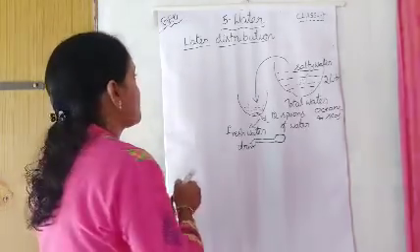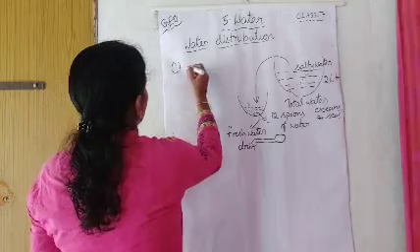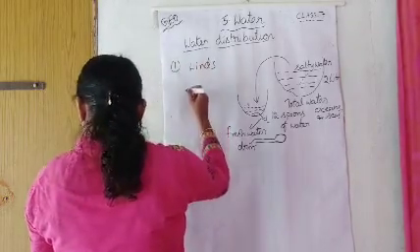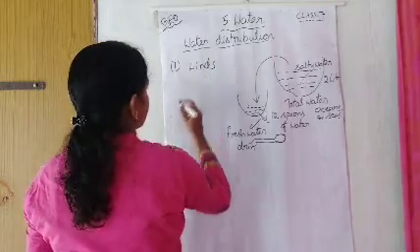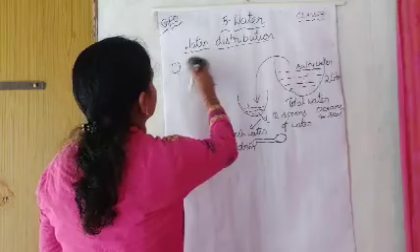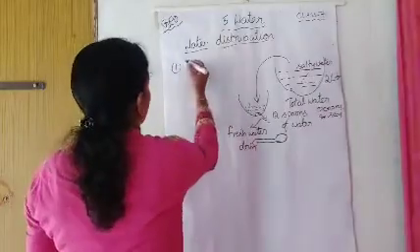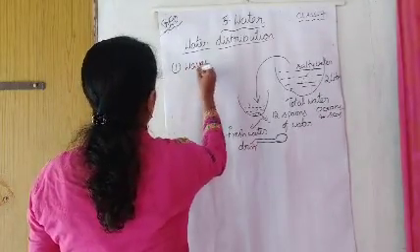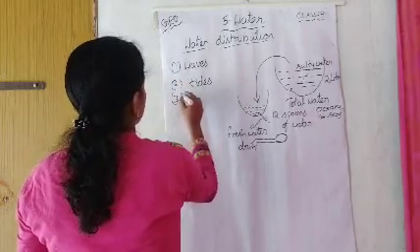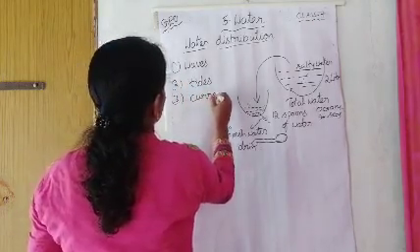So ocean water movements are broadly categorized into three types. What are they? Waves. Second one is tides. And third one is currents.